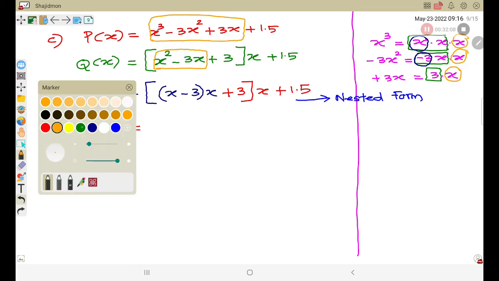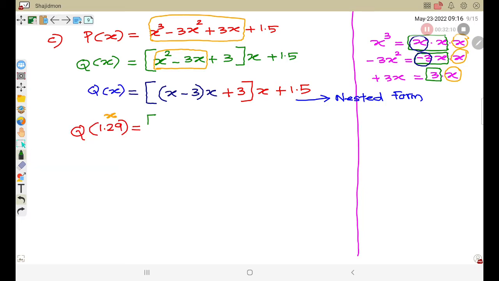Correct? Apply to the nested form. So we can write x number 1.29 minus 3. Then x number again 1.29 plus 3 multiply x number 1.29 plus 1.5. All x we are replacing with 1.29.